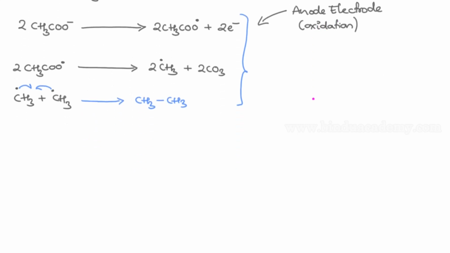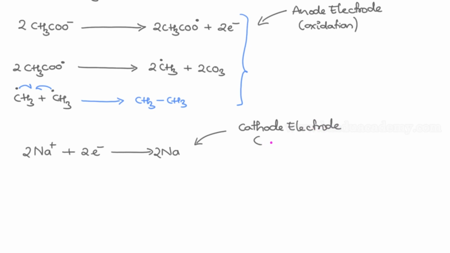Now what is happening at the cathode electrode, that we can learn here. So at the cathode electrode, reduction takes place, and we know that in the reaction mixture there are Na plus ions. There are two Na plus ions, and these ions consume two electrons and are converted into two sodium metals. And this reaction is occurring at the cathode electrode.